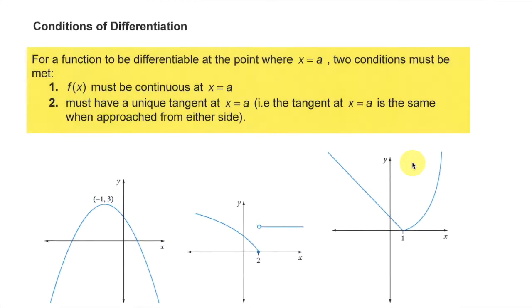Just taking a look at the conditions where we can work out a derivative. If we're trying to work out the derivative for a certain value of x, then it must be continuous around that point. And when we inspect it, we must also be able to draw a unique one-off tangent line.